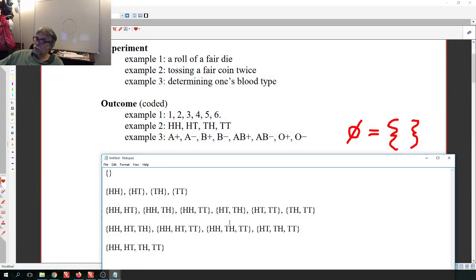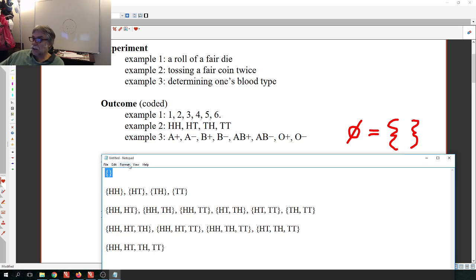So for example, if the assignment is to this guy that is an empty set, this is like saying nothing at all, the assignment must be 0 because something will happen. If I flip the fair coin twice, there will be some outcome. So the chance that this would happen, nothing at all, is 0.